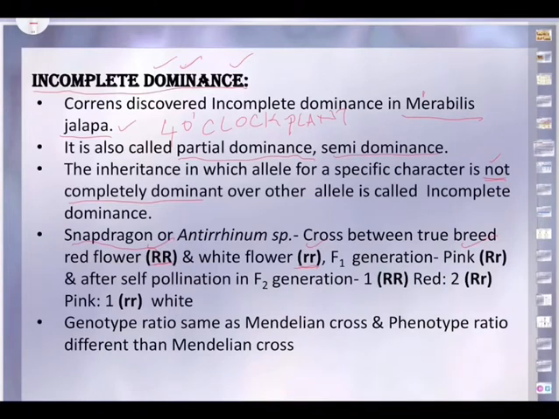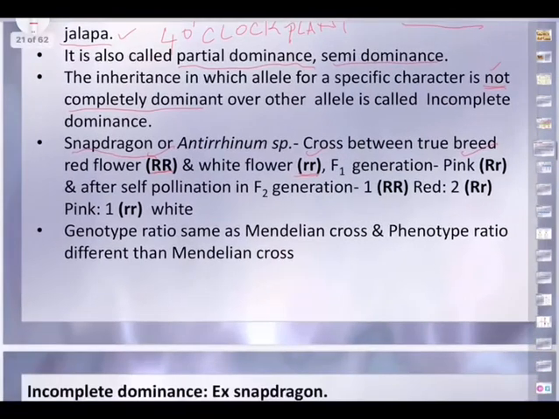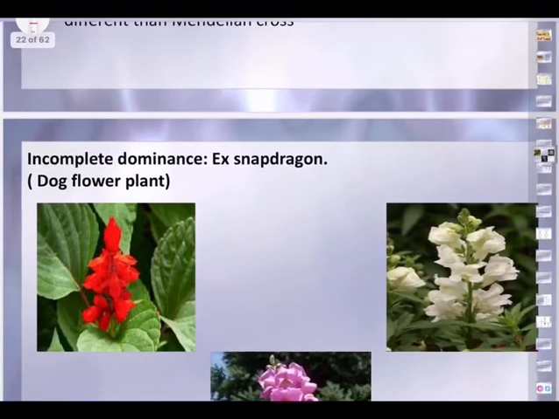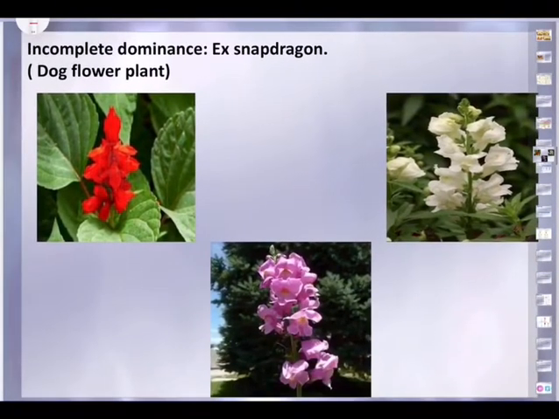When we cross capital R with small r, we get pink flowers in the F1 generation, that is capital R, small r. And after self-pollination, in the F2 generation we get 1:2:1: 1 pure red, 2 pink flowers, 1 white flower. The genotypic ratio is the same as the Mendelian cross, and the phenotypic ratio is different from the Mendelian cross in snapdragon.